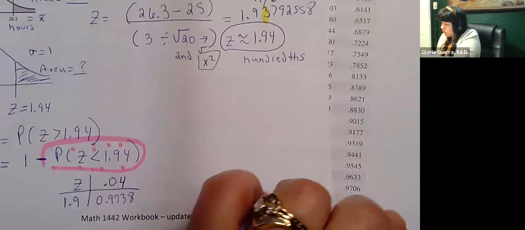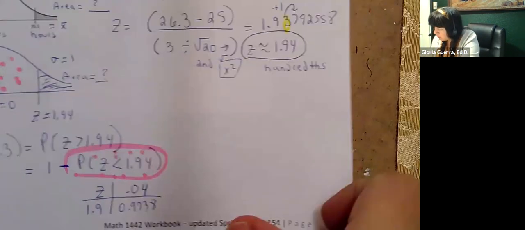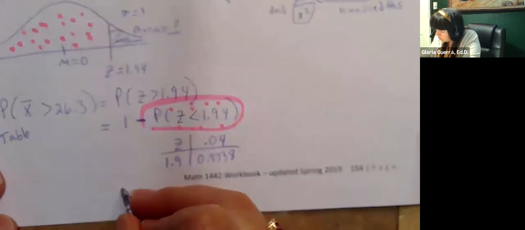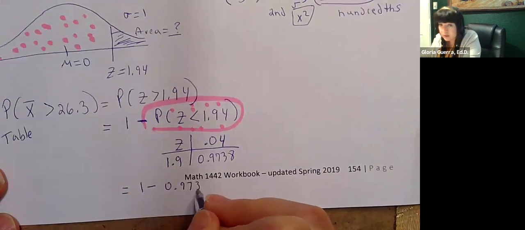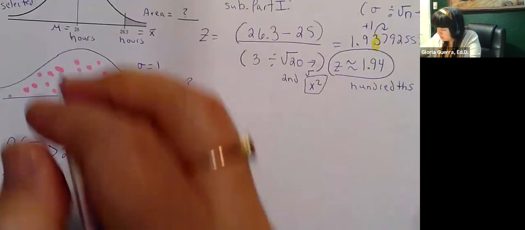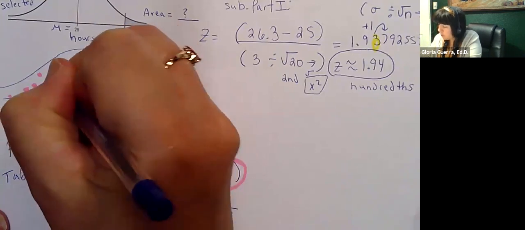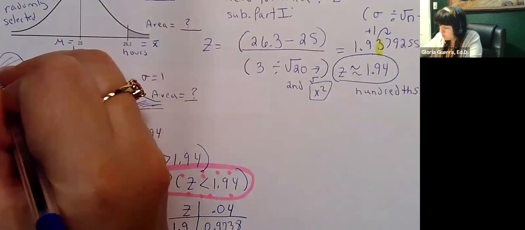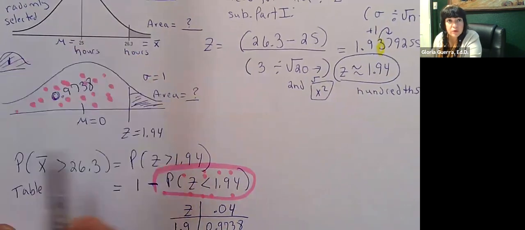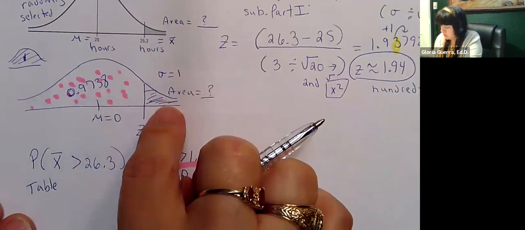Okay, so now we're doing some subtraction. 1 minus that area, 9738. Because you see, that's this area here. The whole area beneath the curve is 1, and you're doing 1 taking away this, and that'll leave you with this.